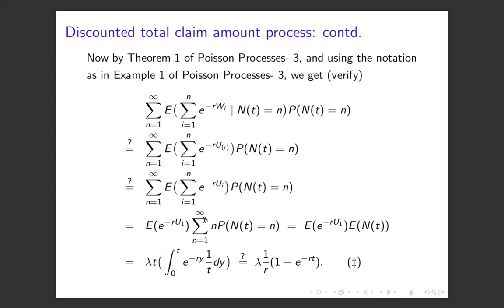So summation n going from 1 to infinity, n times the probability NT equal to n, is the same thing as summation n going from 0 to infinity, n times this. So this expression is the expectation of NT. The expectation of NT is lambda t. Now this expectation you write in terms of the probability density function of the uniform distribution, and you have this.